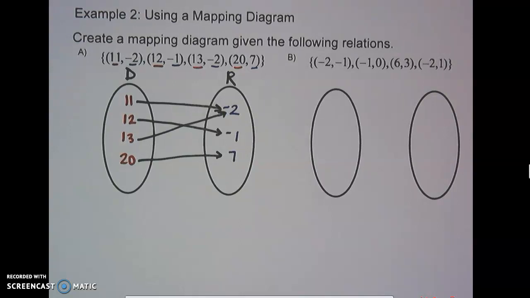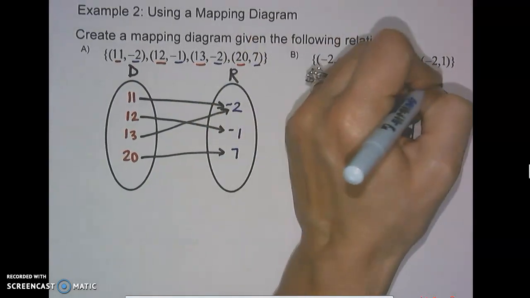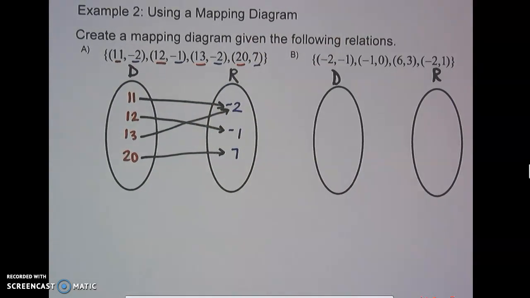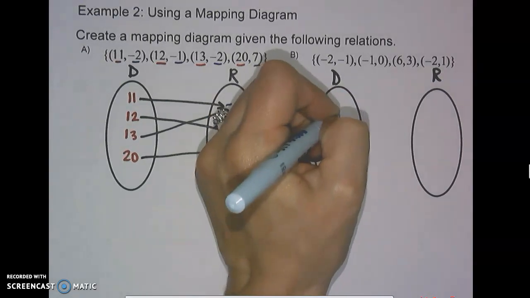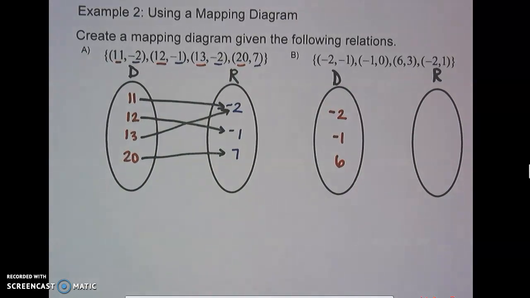Okay? So here's another relation. We have -2, -1, -1, 0, 6, 3, and -2, +1. Those are our ordered pairs. We're going to make a mapping diagram for that. So domain, then range. Domain goes on the left. So here we have -2, -1, and 6. And so you don't have to underline them if you don't want to. You can just do it like this. That's okay.